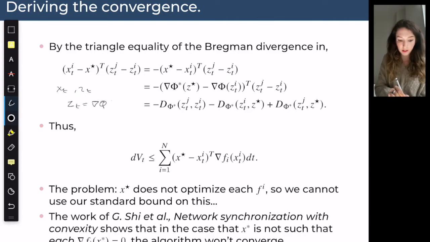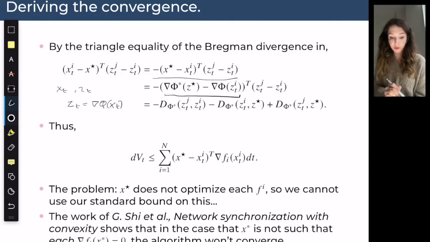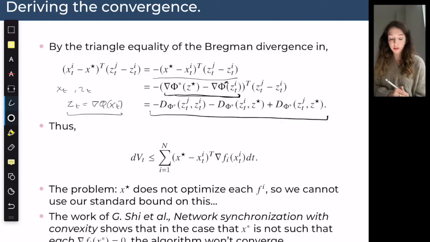So this z_t is the gradient of phi of x_t. What we can do is, first of all, just rewrite the ordering, then rewrite it through this definition that we have. This should be phi star, the way we map between x_t and z_t. That's this part over here.